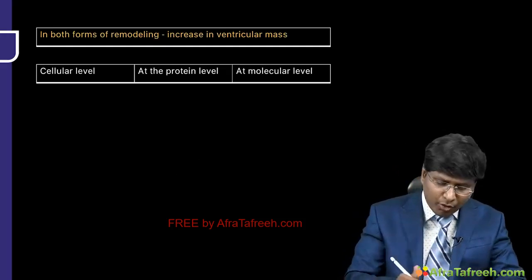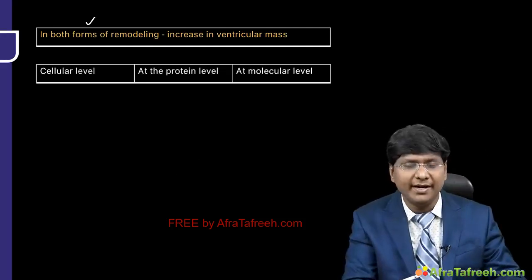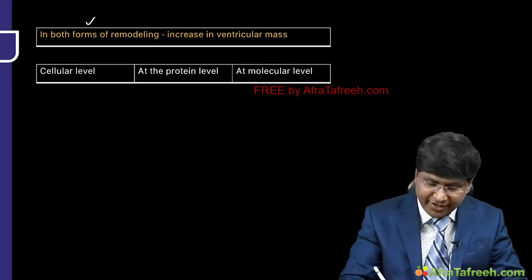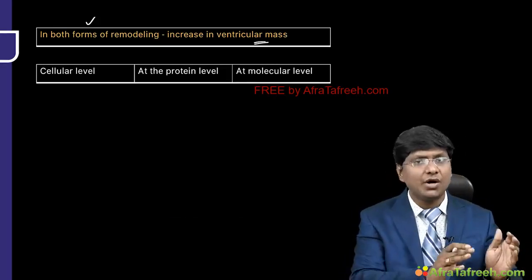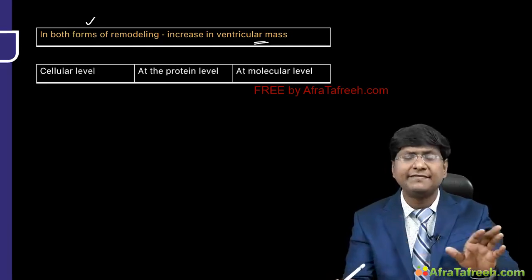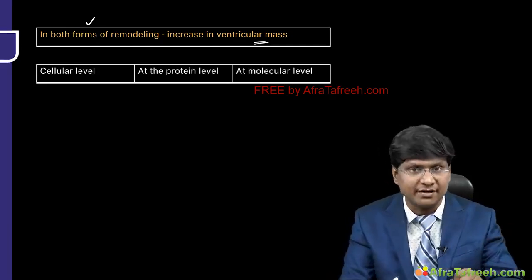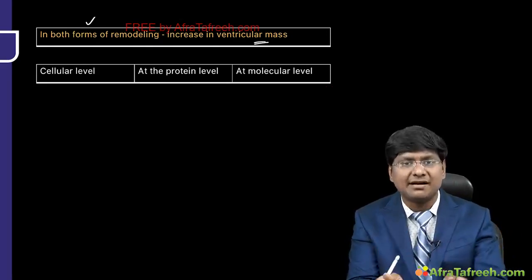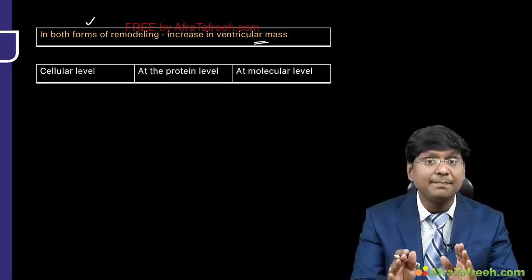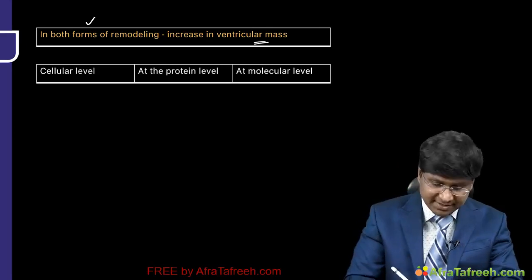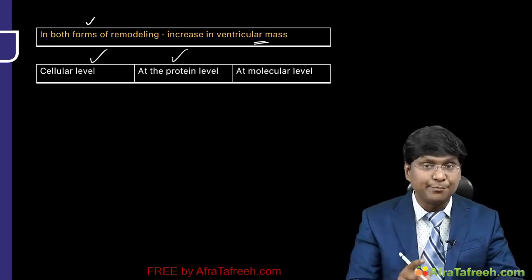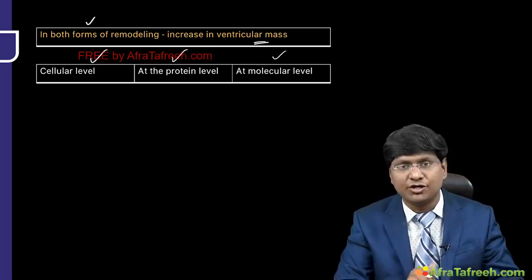And in both forms of remodeling, what is happening? There is an increase in the ventricular mass, whether concentric or eccentric hypertrophy. This increase in ventricular mass is accompanied by changes at the cellular level, at the protein level, and at the molecular level.